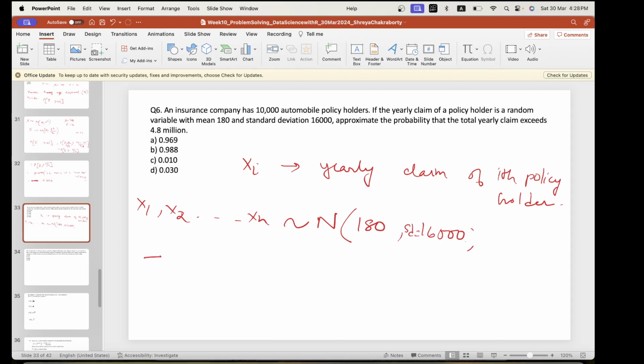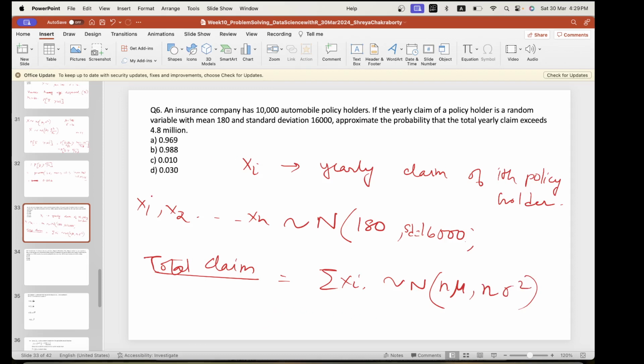Okay. So then the total claim will be summation Xi. So that follows normal. Summation Xi will have mean n mu and variance n sigma square, since they are independent.